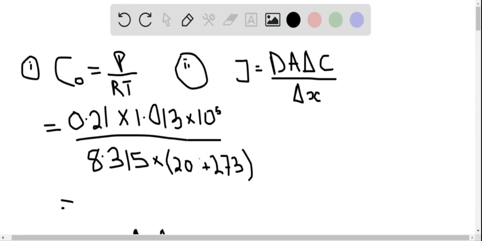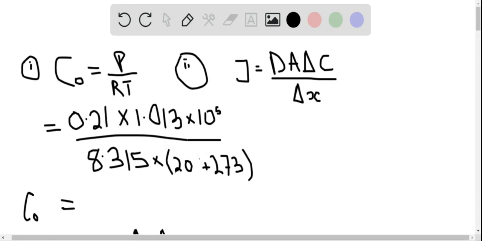So punching all this into a calculator, we should have the concentration as, hold on guys, as I punch this into a calculator. 0.21 multiplied by 1.013 times 10 to the power 5.